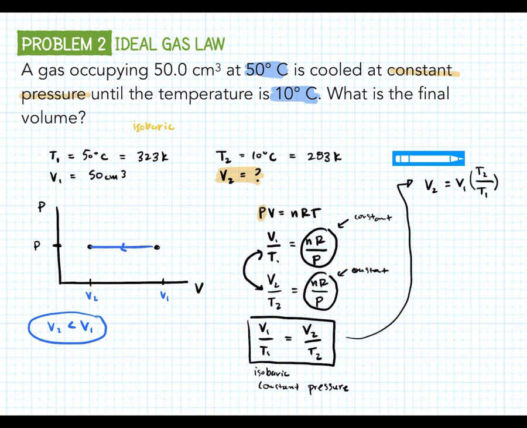So we can plug in our values, and you can see it's very important that you convert the temperature because this is a ratio. And since Kelvin and Celsius are not proportional, you're just adding a constant.